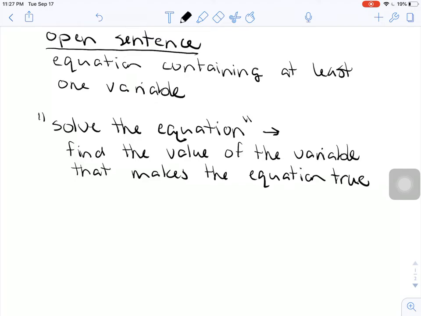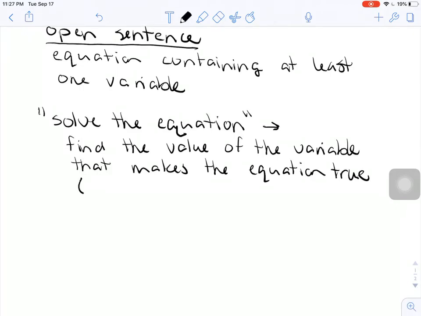So that value that makes the equation true, whatever you replace the variable with, that we call the solution to the equation. There are a couple of different ways that you should be able to work with solving an equation at this point in the year.